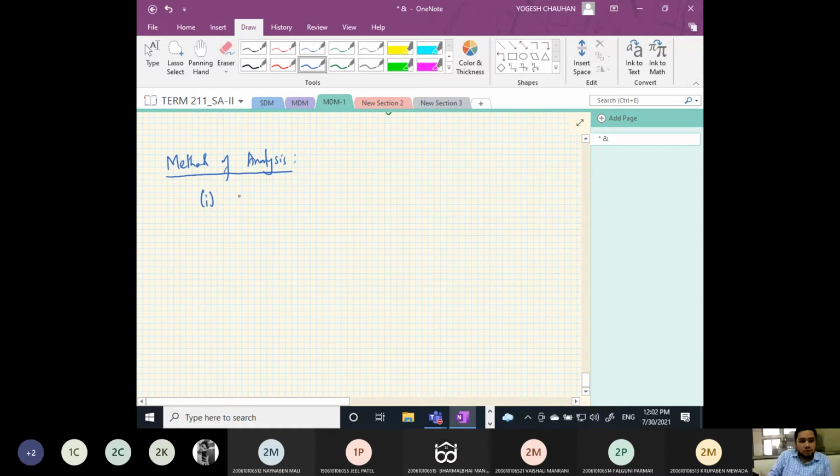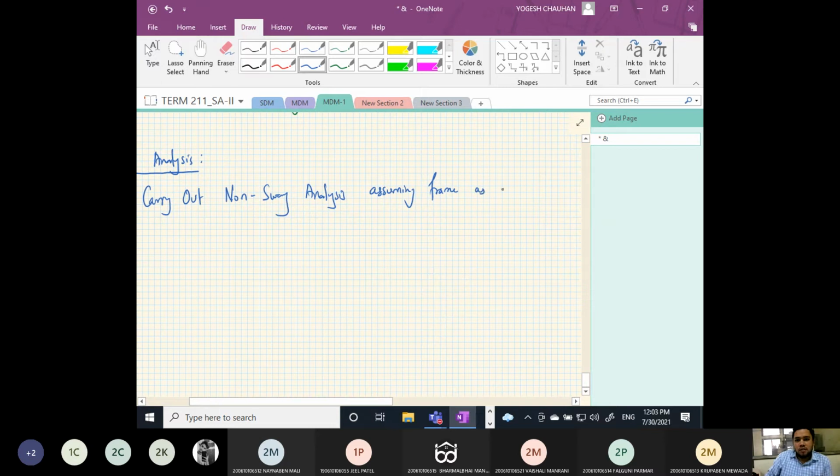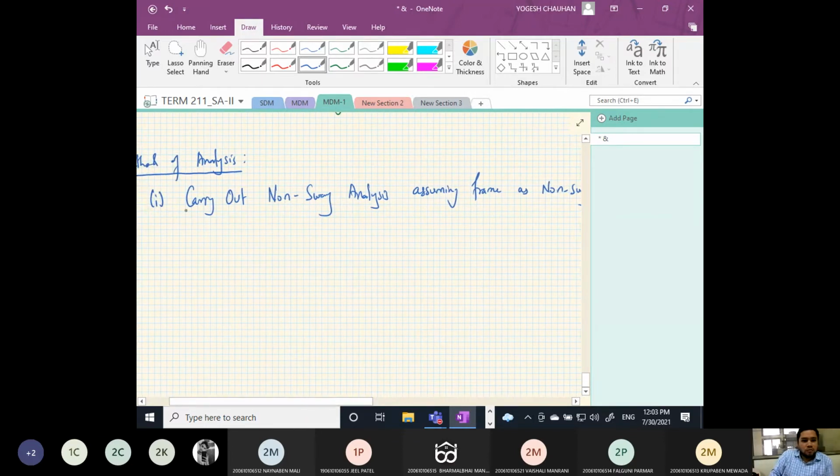First you have to carry out non-sway analysis, assuming the frame as a non-sway frame, restrained by fictitious support, that means imaginary support.